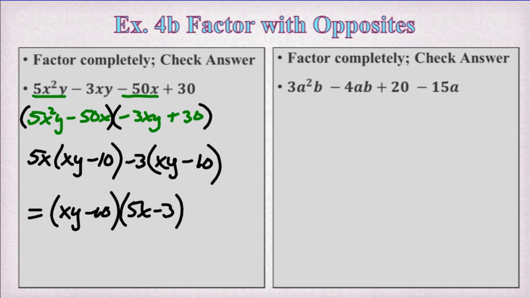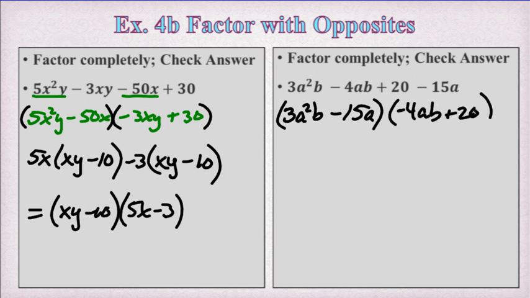Next one, do a little rearranging. So I got 3a squared plus b, or times b minus 15a, just because 3 and 15 work well together. And then my other one, I have a negative 4ab plus 20. I'm grouping those two together.